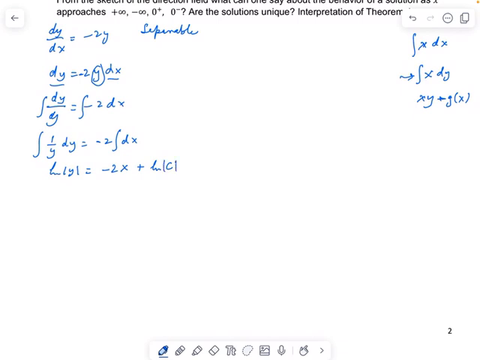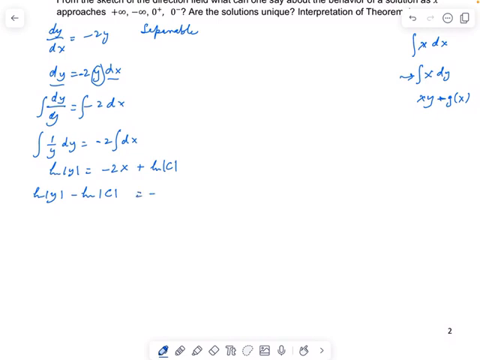So in general, it should be ln of c absolute. Okay, so now we can move the ln of c with ln of y on the side of ln of y. And why do I do that? Because I can then apply one of the logarithmic properties and combine these two.